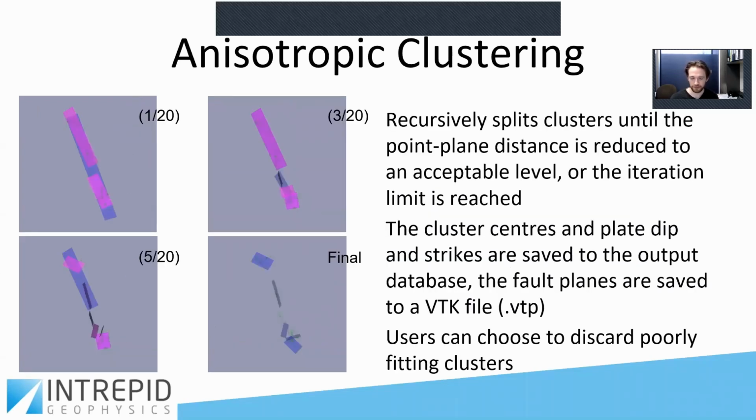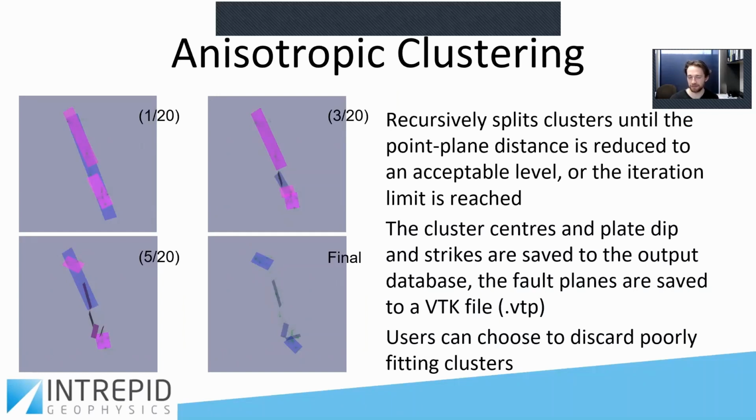So part of the process is that it's going to be fitting a plane to all the points, and then if it exceeds a certain amount of tolerance, it's going to split that plane into separate smaller planes.